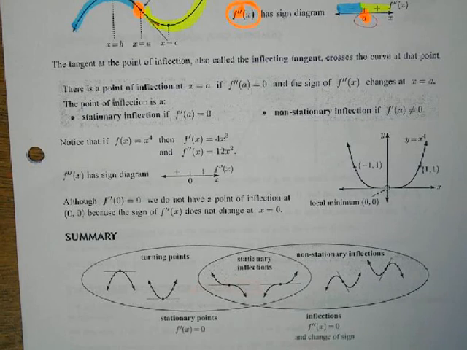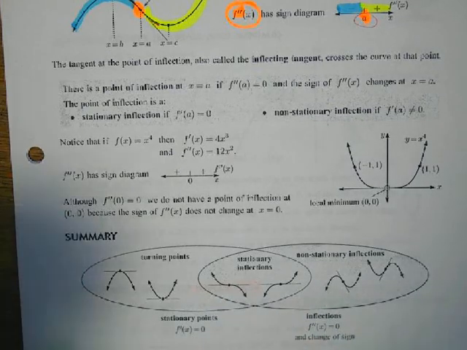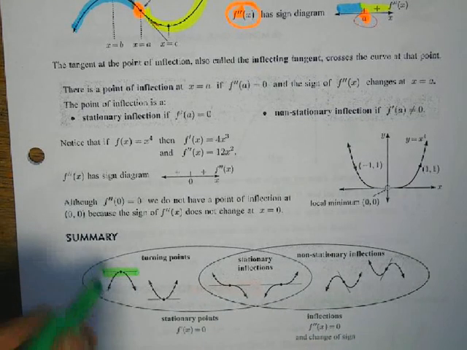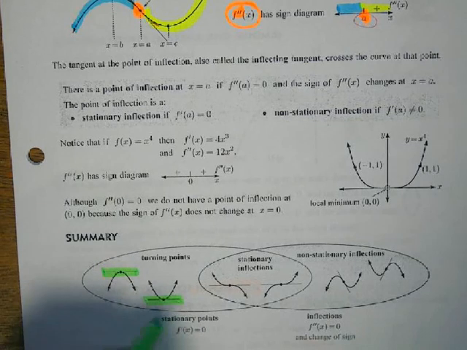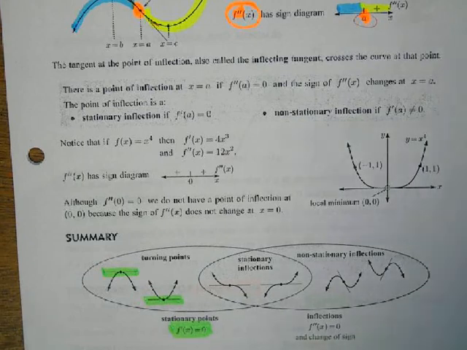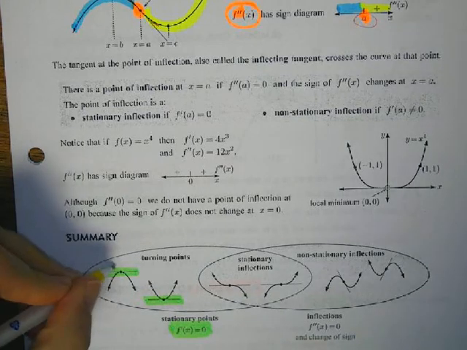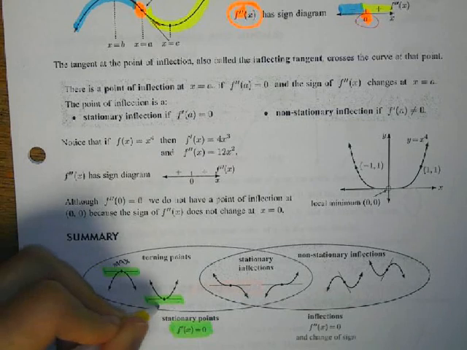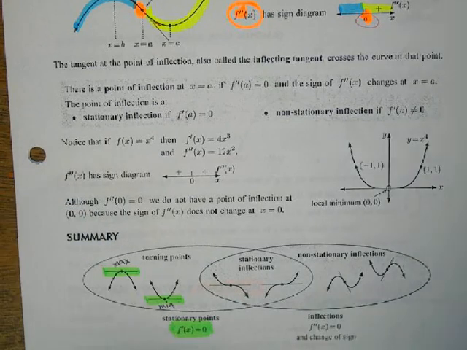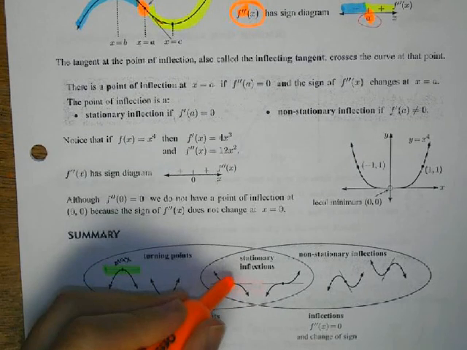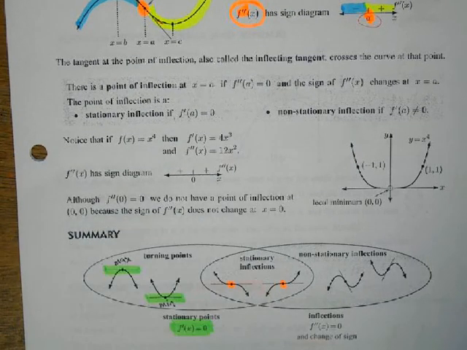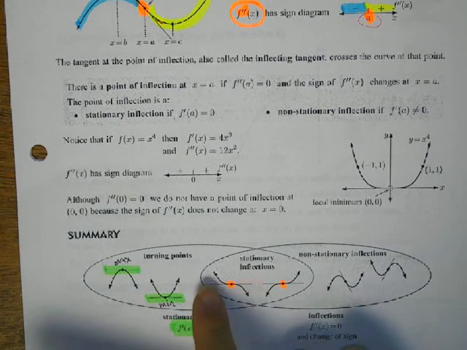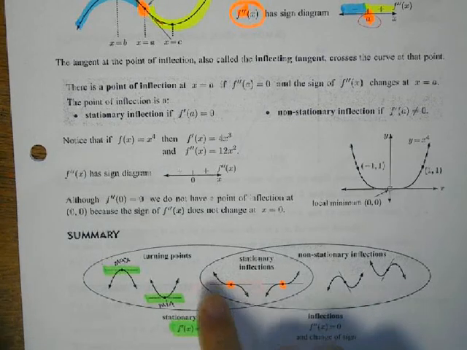So here is a summary. Turning points happen when the first derivative is 0, and we get a maximum or a minimum. Stationary inflection points, you can see that it's concave up here and concave down.